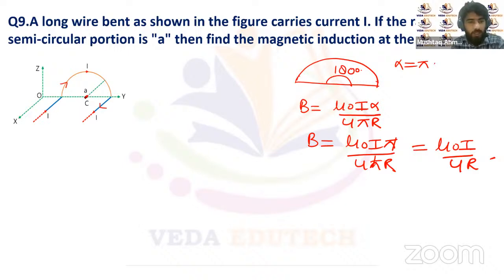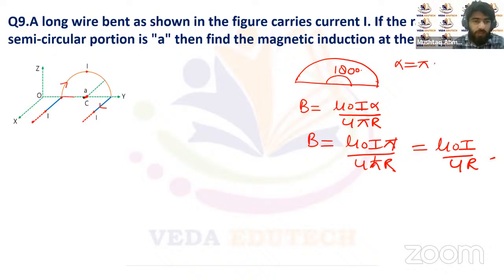Now at this point A, you can see there are two ends of this wire. The direction of the magnetic field because of this wire at this point will be... now you can see the net magnitude of the magnetic field at this point C. It's a semi-infinite wire.